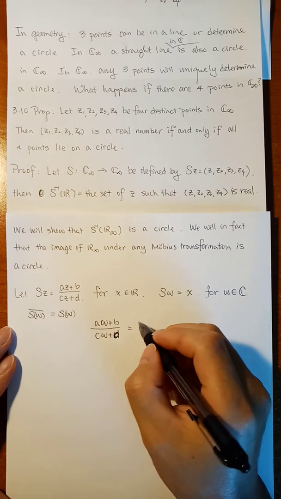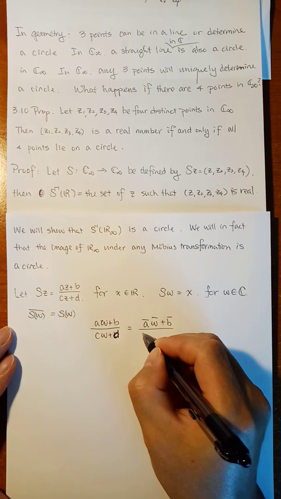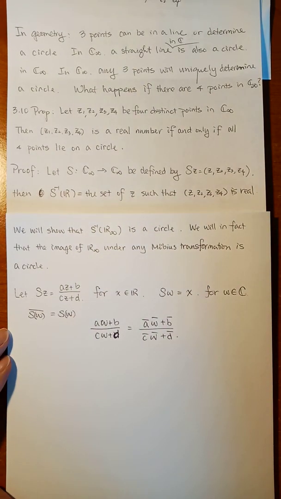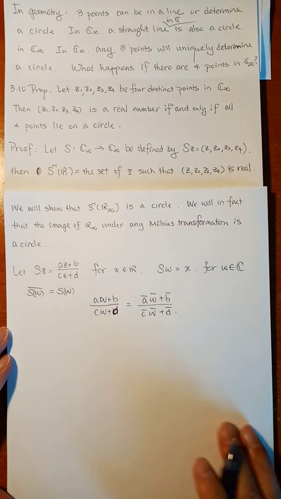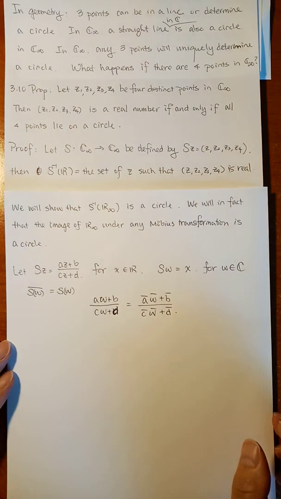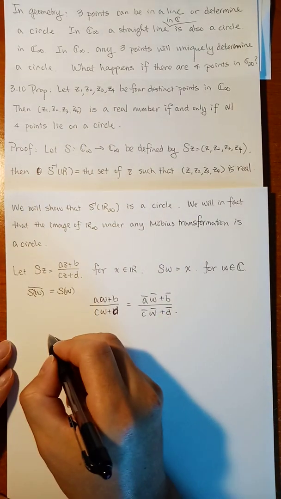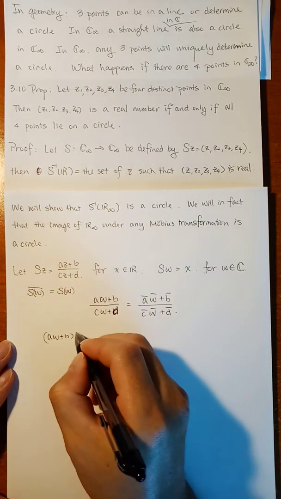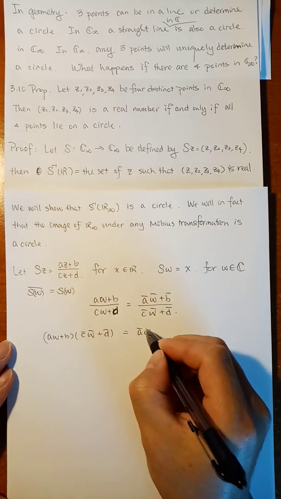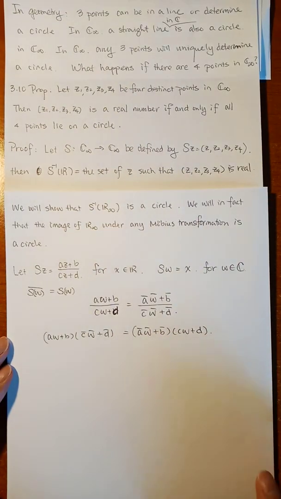Its complex conjugate is (A bar W bar plus B bar) over (C bar W bar plus D bar). A fraction is equal to another fraction. Right? Well, do the cross multiplication: (AW plus B)(C bar W bar plus D bar) is equal to (A bar W bar plus B bar)(CW plus D).